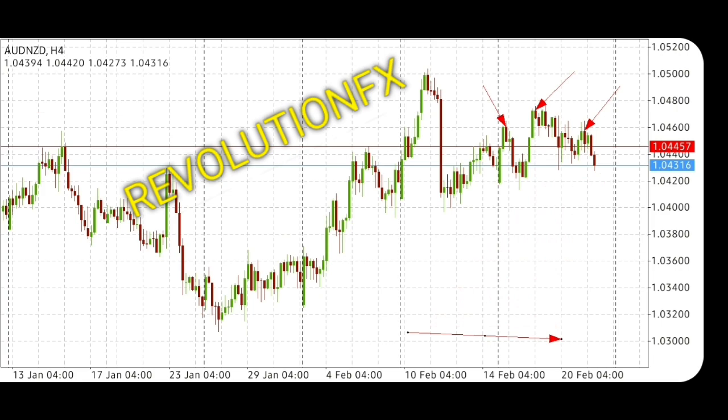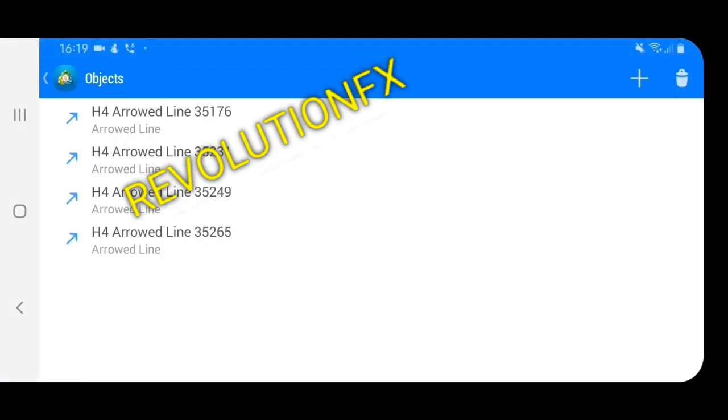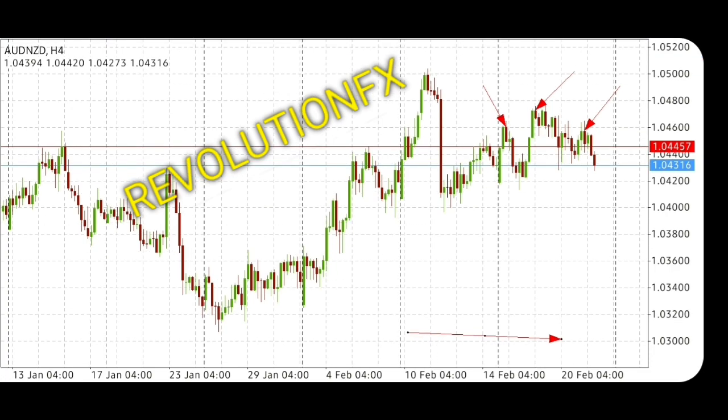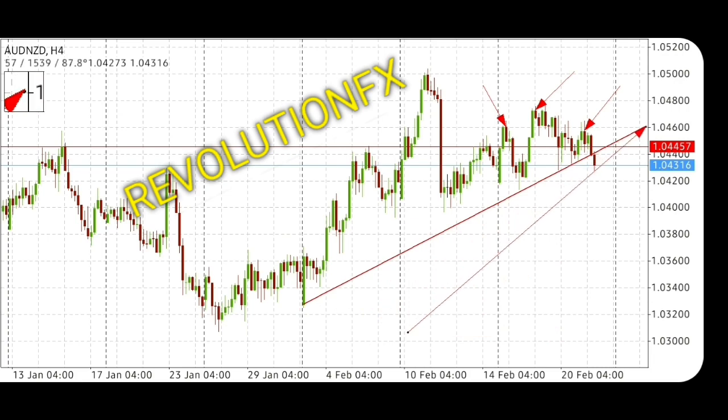Okay, so let's see now with the trendline strategy. If we apply the trendline strategy and see what happens. Okay, as you can see, there is our trendline there. Perfect. So this is our trend line going all the way here.